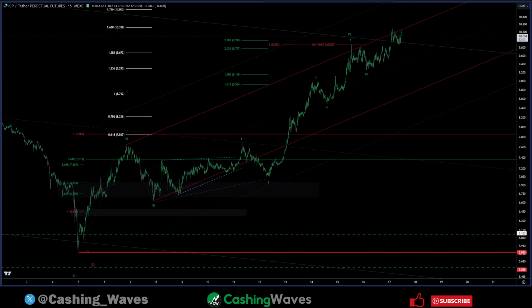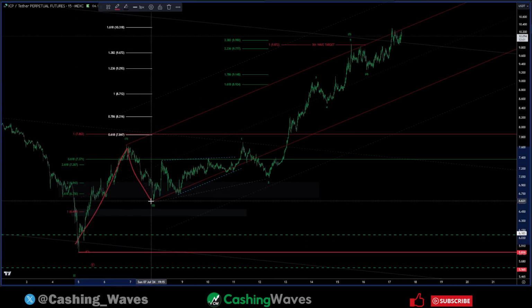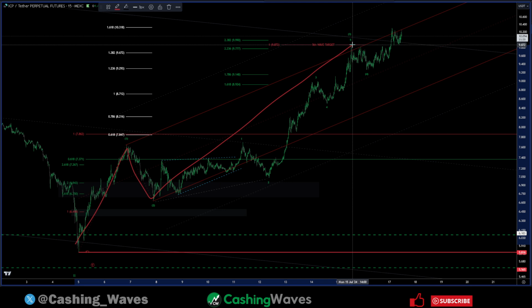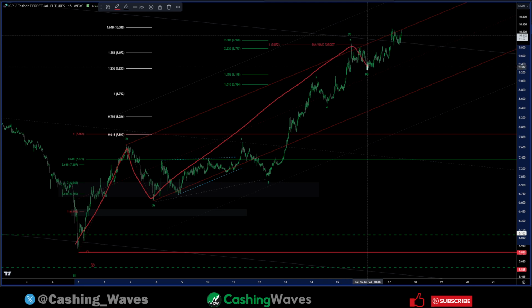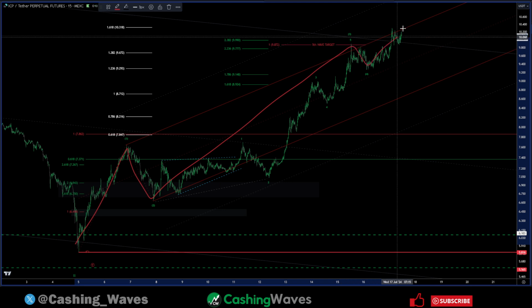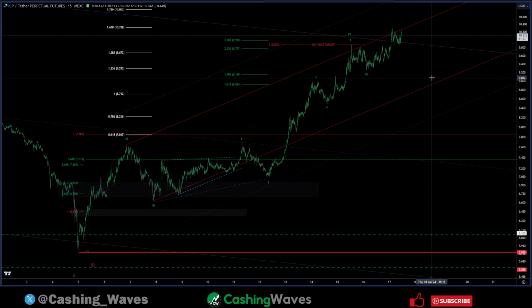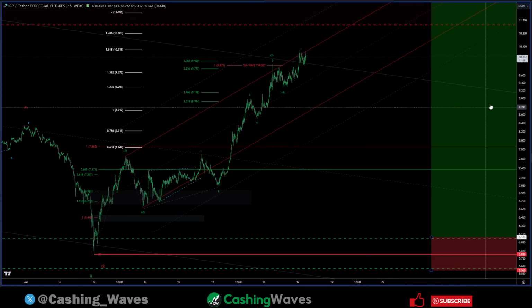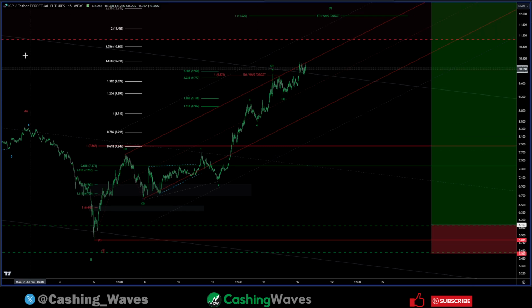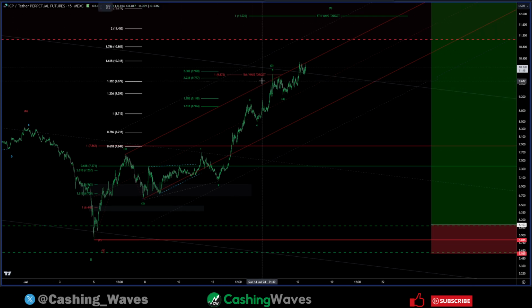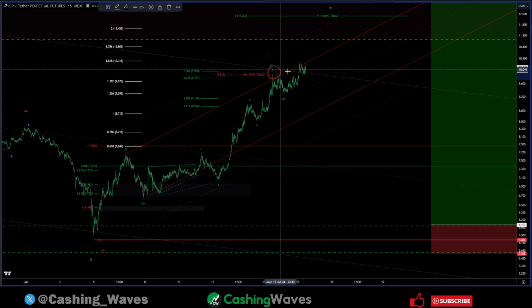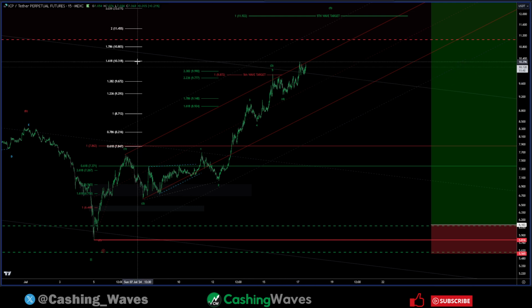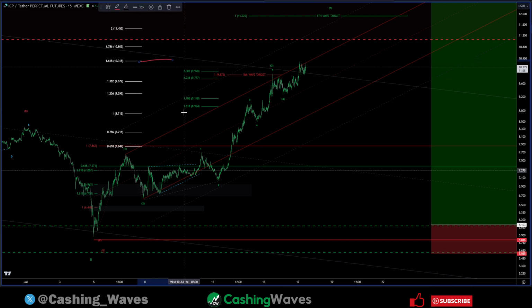So we have a wave 1, 2, 3, 4 potentially in, or still working on a 4, and looking for a fifth wave to complete our wave 1 on the uptrend, larger wave 1. So one thing to pay attention to is for this third wave, we have not hit the 1.618 extension.